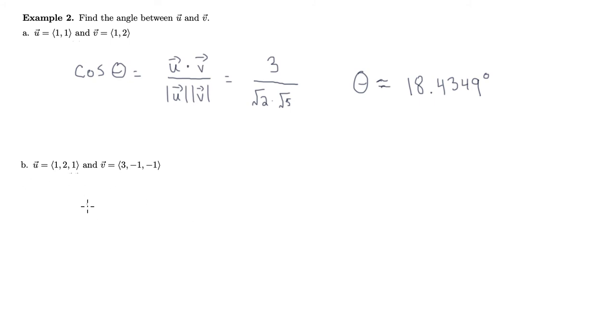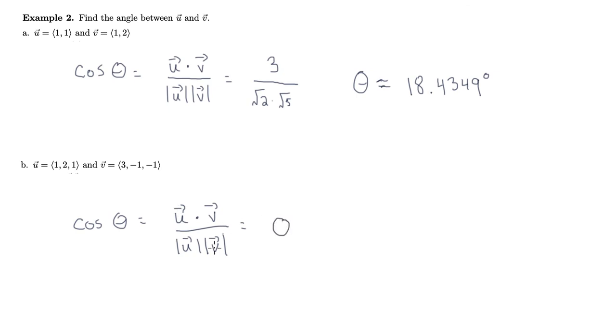And then for b, we do the same thing. So cosine of theta is going to be u dot v divided by the length of u times the length of v. Okay, and u dot v is going to be 3 minus 2 minus 1. So this is actually going to be 0.